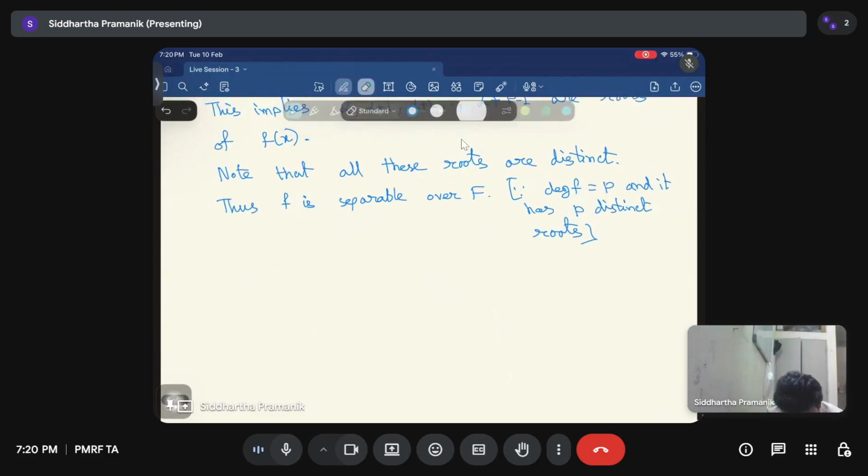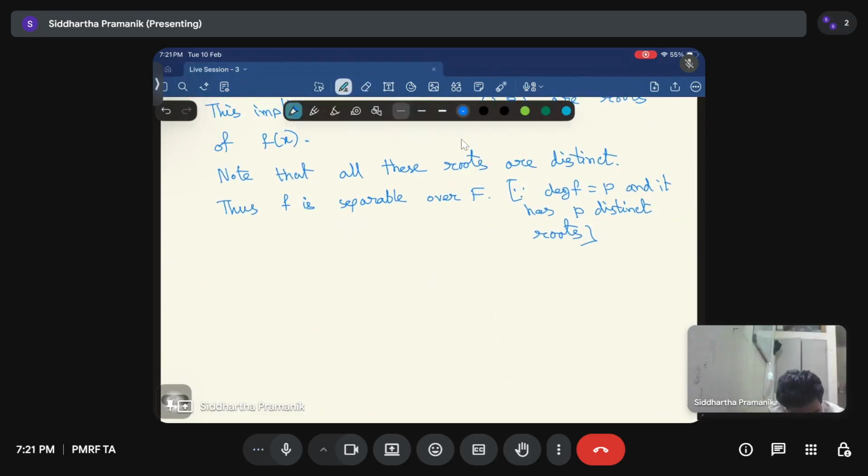Now we will prove that f is irreducible over the base field F_p. So how to prove this? So we need some steps. So let's do it step by step.